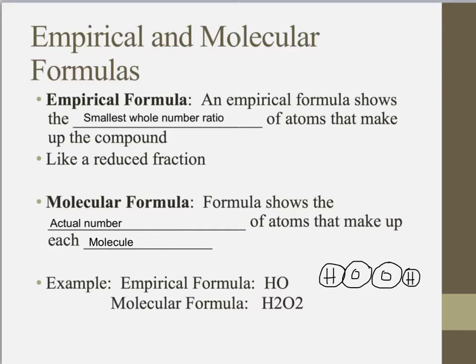So its molecular formula would be H2O2 because each molecule has 2 hydrogen atoms and 2 oxygen atoms. That's the actual number of each. The empirical formula for that would be just HO. There's 1 oxygen for every hydrogen. So the empirical formula is kind of like a reduced version.